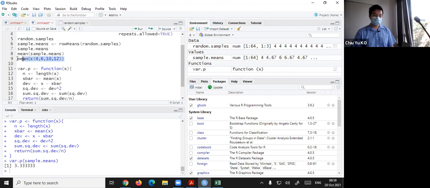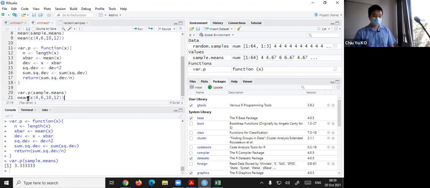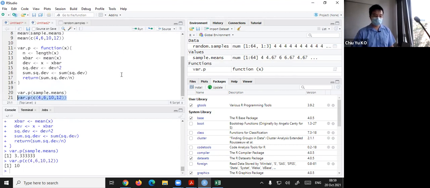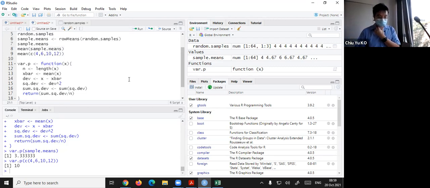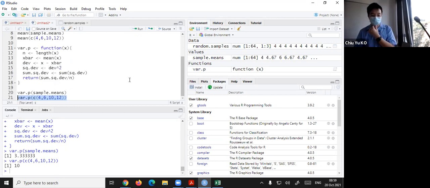Then what I want to show you again is that the variance dot p of the population one is 10. Okay, this is 3.